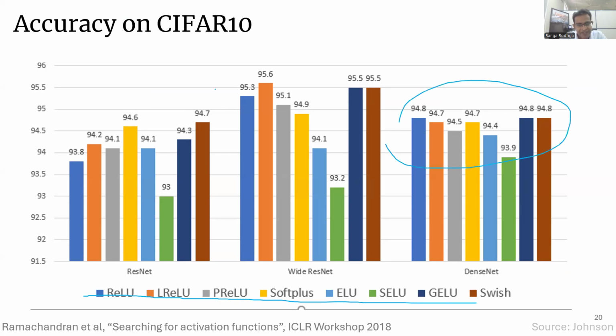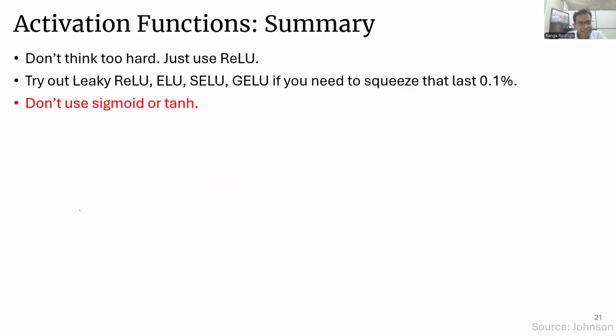You see, it is almost the same, right? These are almost in the 90s. So don't worry about this too much. The only thing is, don't use sigmoid or hyperbolic tangent. If you don't use sigmoid or hyperbolic tangent, you are fine. Don't think too hard, just use ReLU. Try out leaky ReLU, ELU, CELU, GELU, anything, if you need to squeeze out the final 0.1% improvement. That's about the activation functions.